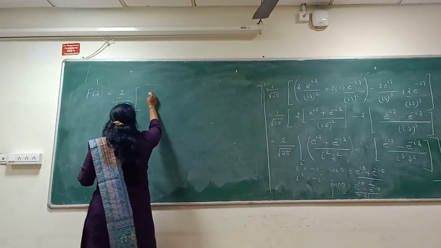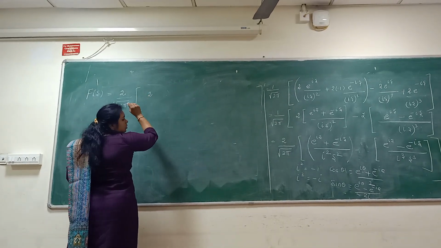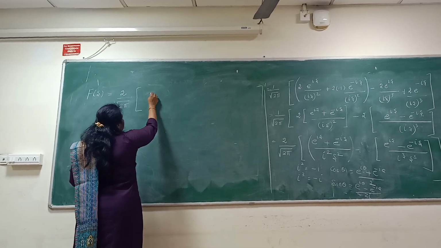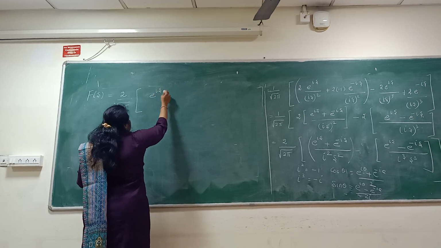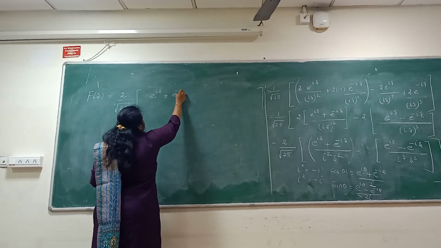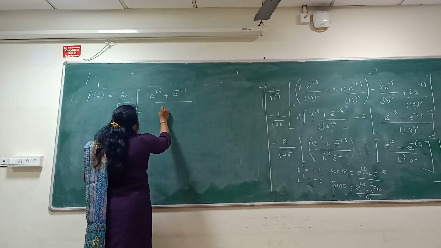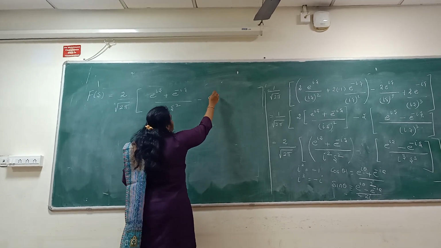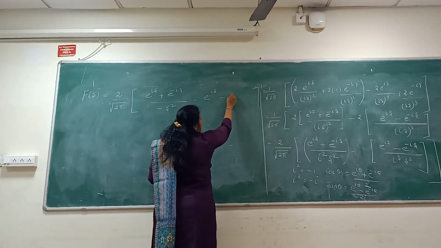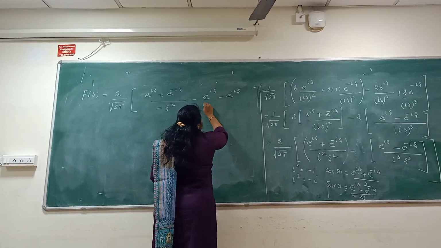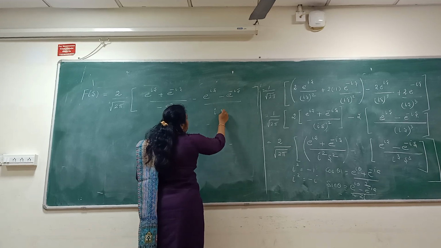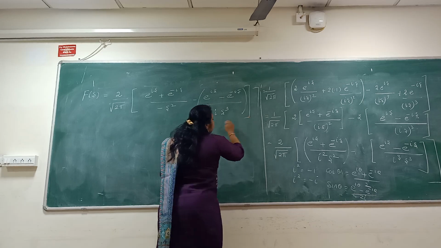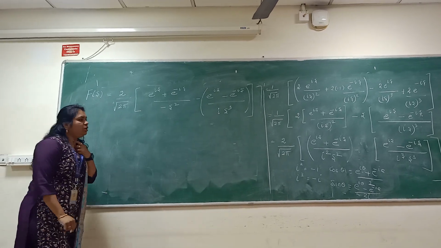So 2 into, we will do that square term outside so that we will not get confused in the i term, which is minus e power is minus e power minus is divided by i into s cube, and minus s square. Okay. i into s cube.